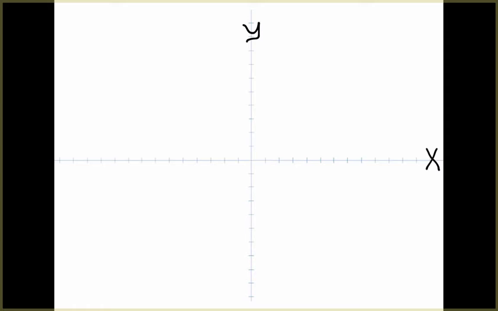And what this does is it creates an intersection point right in the middle, which is called the origin. We'll talk about the origin in a little bit.